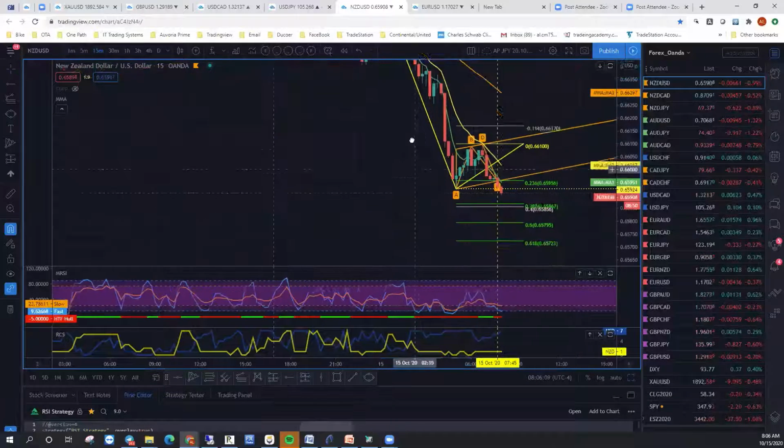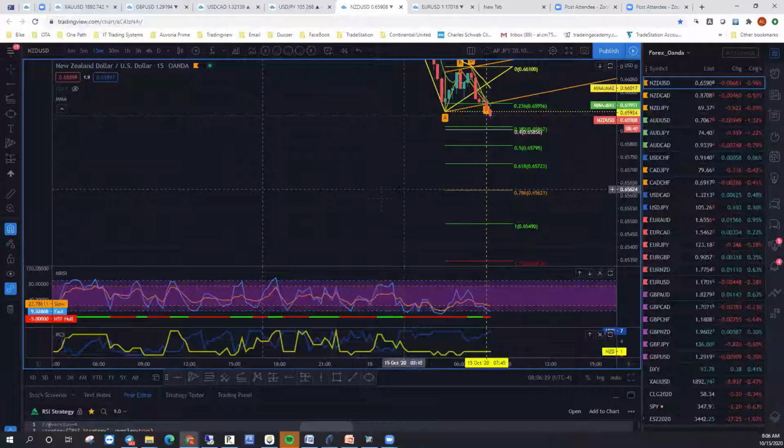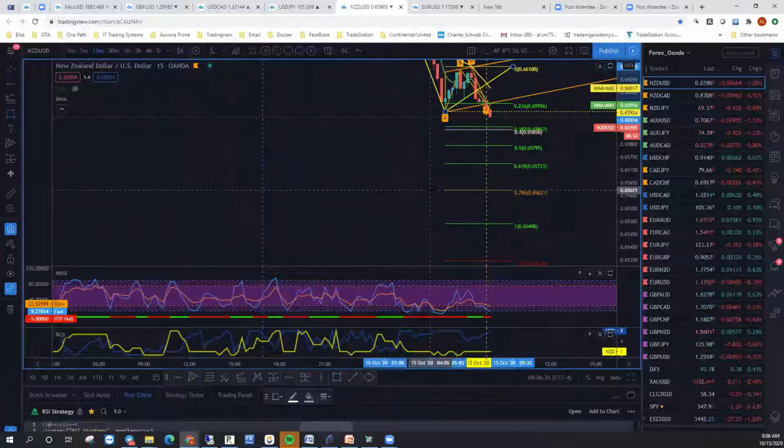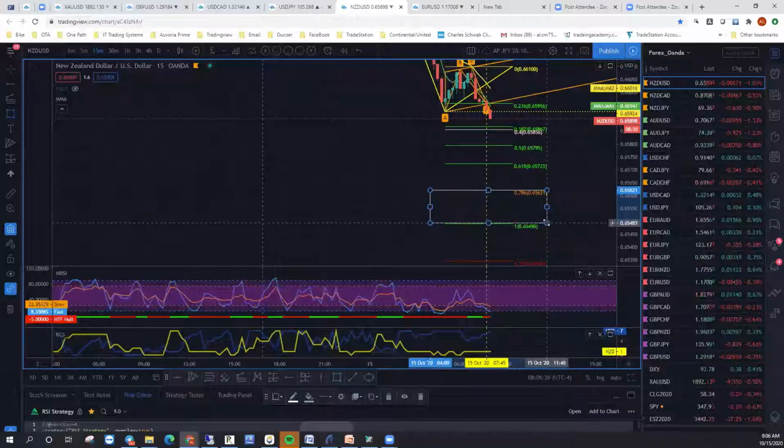And then the target now would be down here. So if this thing comes down, here's where the target would be, right over in this area. I'm going to mark it right about in this area right in here. This would be the target.